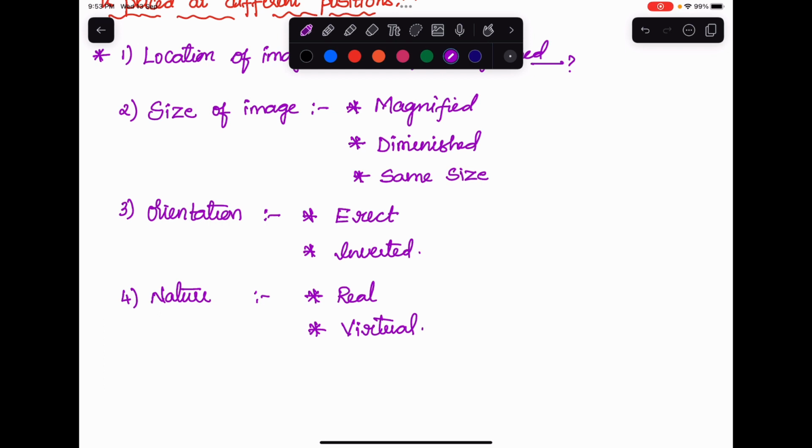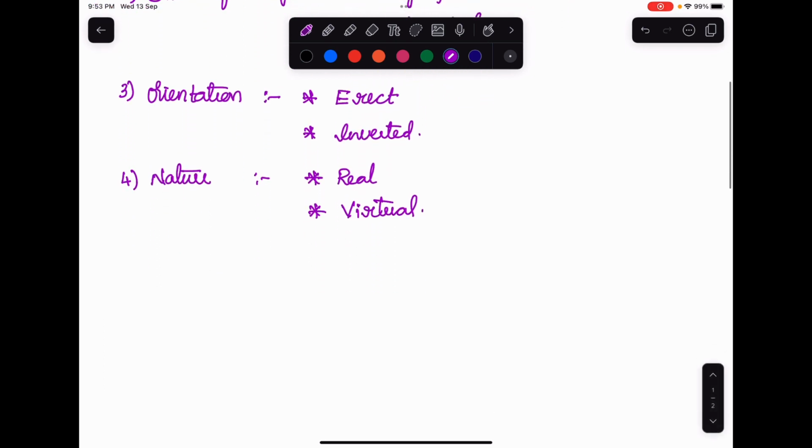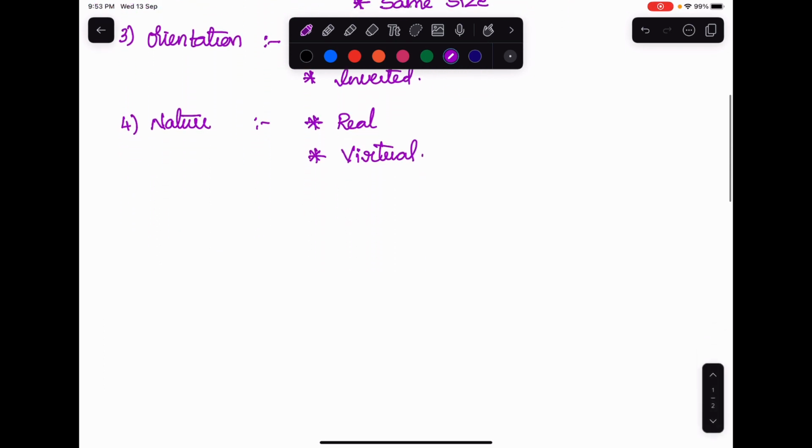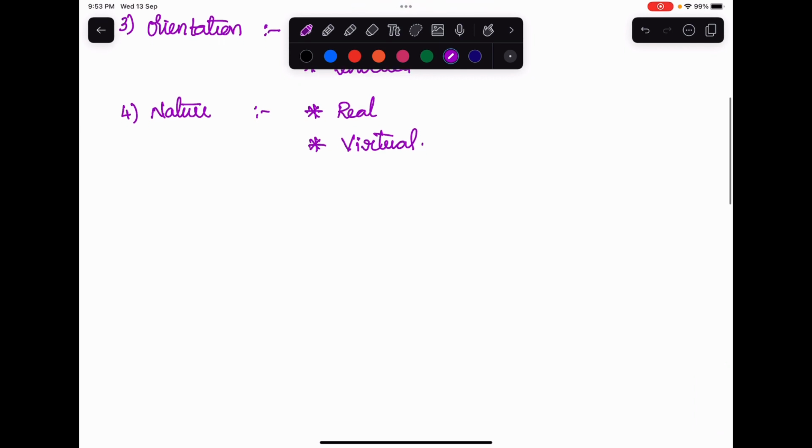In this video we will first see the concave mirror, and then in an upcoming video we will see the convex mirror. So we are starting with the concave mirror, and for the concave mirror we will see the first object position. The first object position is the object placed at infinity.